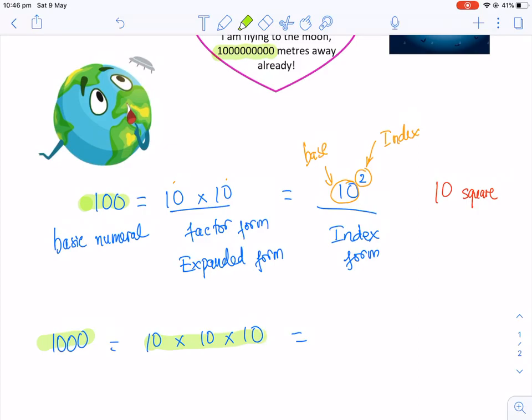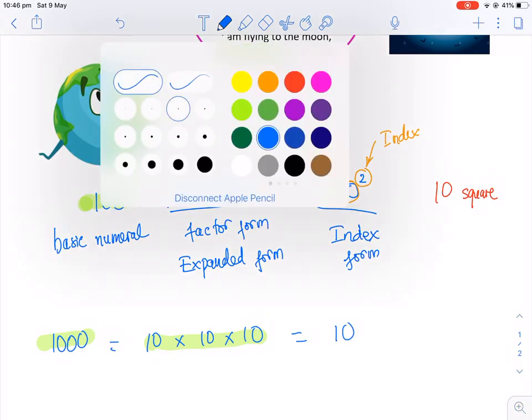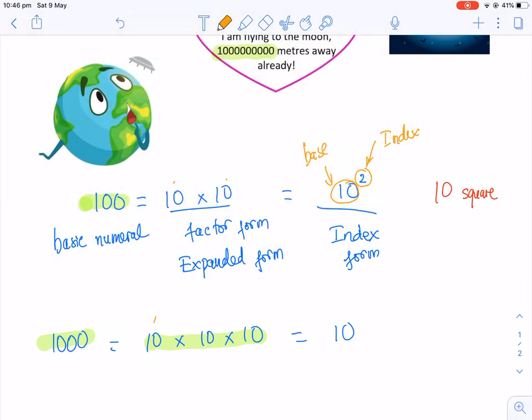This one is the expanded form. To bring it to index form, we identify the base, which is 10, and count how many 10s here. 1, 2, 3. So you write a little number 3 on top of 10. And the special name for this one is 10 cube.